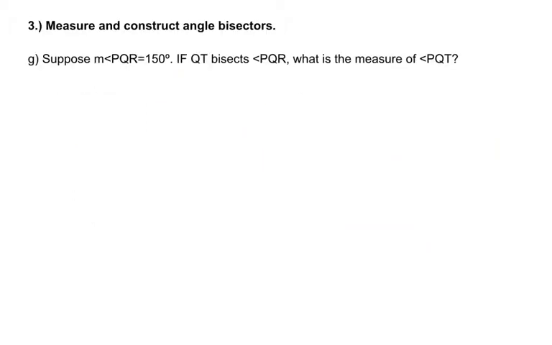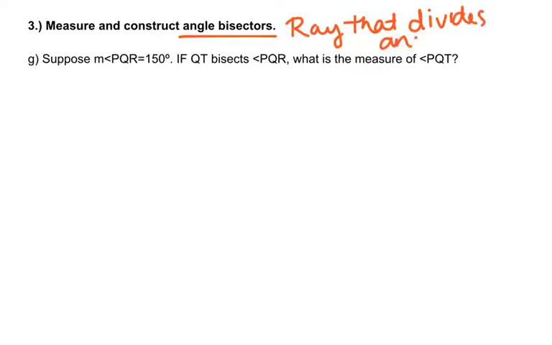Okay, so now we have to talk about angle bisectors. Remember, it is a ray that divides the angle in half. Suppose angle PQR is 150 degrees. So that's an obtuse angle.